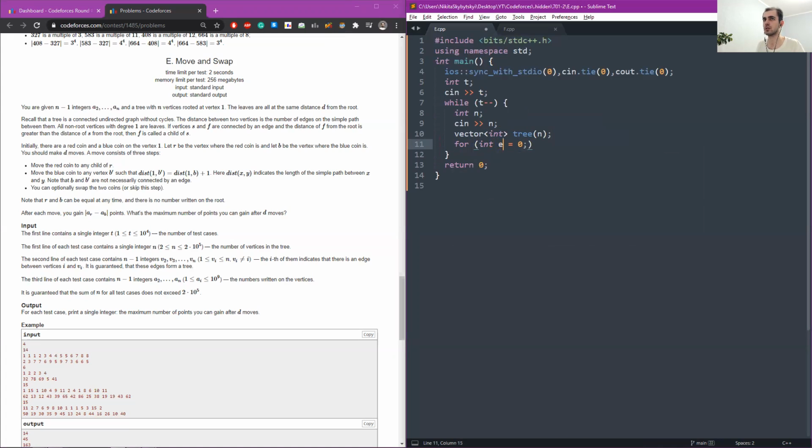No, actually, it means that there is an edge between vertex i and how did you call it?